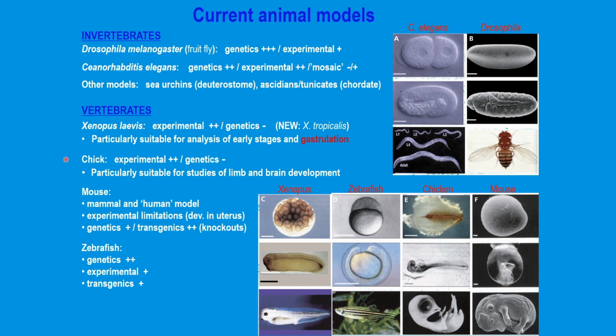And the chick, I haven't mentioned, I might as well mention now, is a pretty good experimental model. Again, they have a very large egg. You can open the shell of the egg and you can observe the embryo as it develops. And these have been particularly suited for studies of limb and brain development.